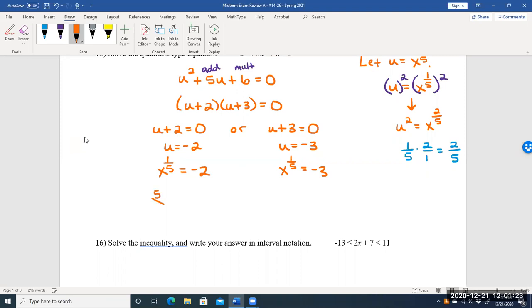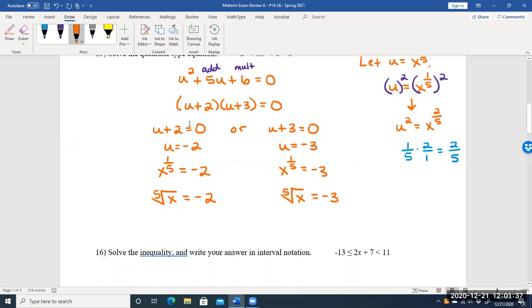But remember that a 1/5 power is a 5th root. So we have the two equations. We have the 5th root of x equals -2, or the 5th root of x equals -3. Once you switch into radical form if you want, then I think we can see that raising both sides to the 5th power is how we're going to solve for x. So a 5th root, I can undo a 5th root by raising both sides to the 5th power.